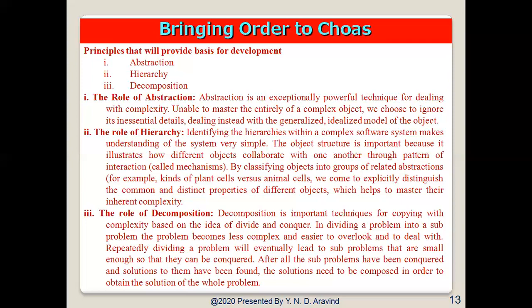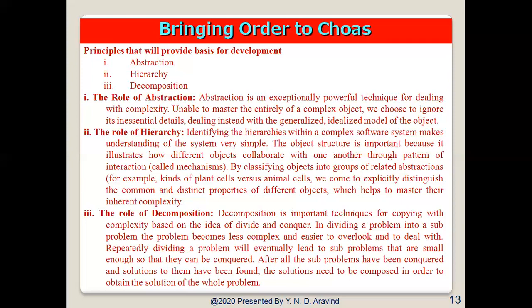Here, we need to identify the hierarchies within a complex software system, which makes understanding of the system very simple. So the object structure is important because it illustrates how different objects collaborate with one another through patterns of interactions called mechanisms.